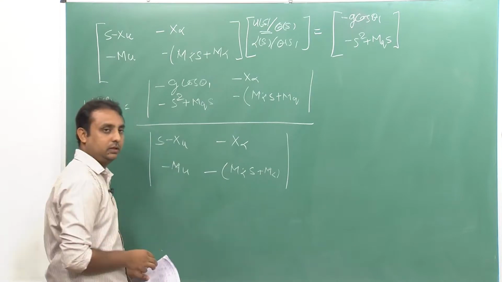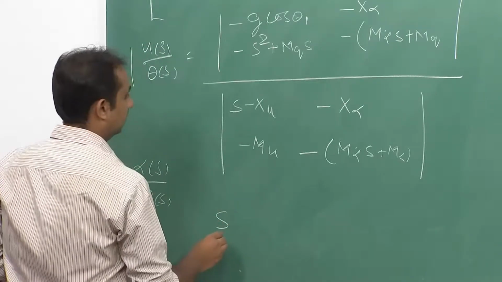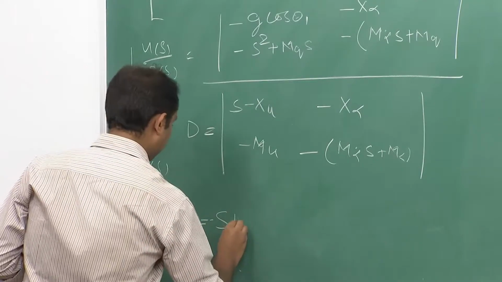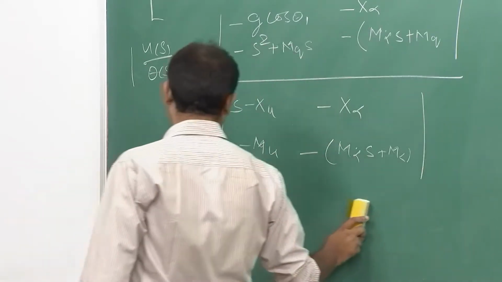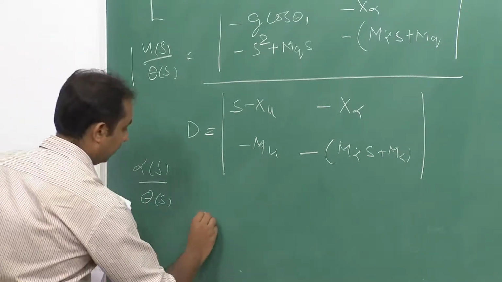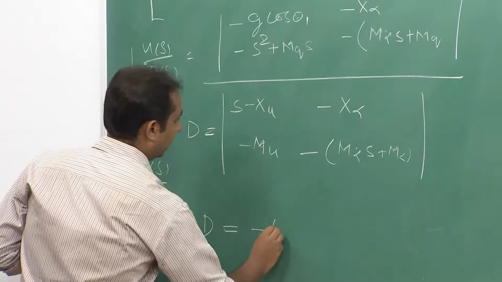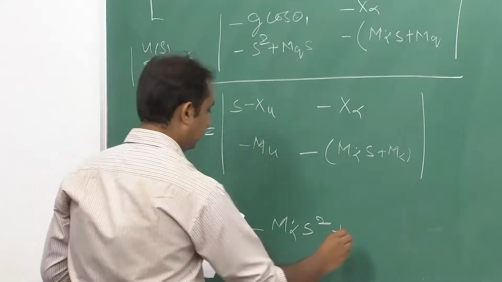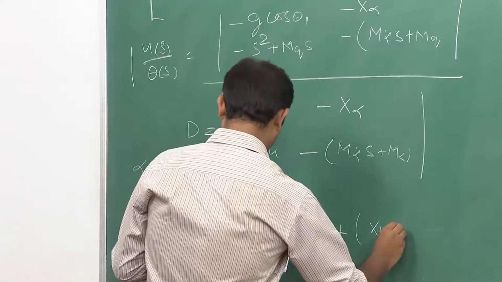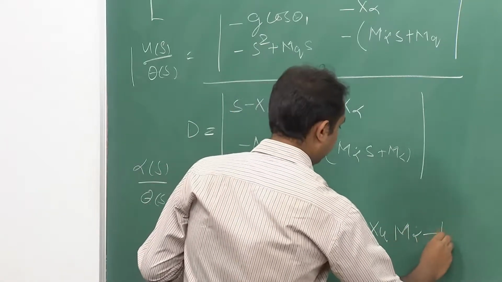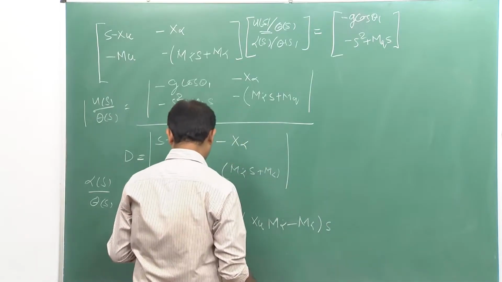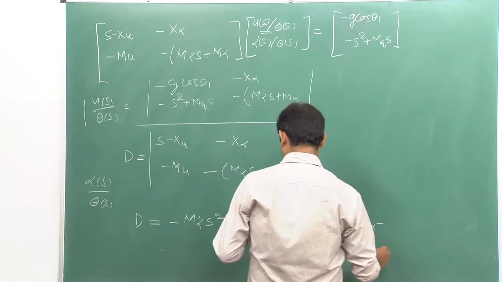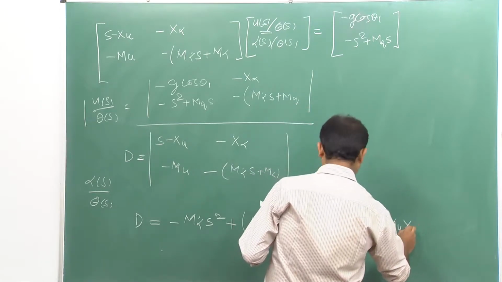So, the determinant of this matrix, let us call it D, D will be minus m dot s square plus x u m alpha dot minus m alpha into s plus x u m alpha minus m u x alpha.